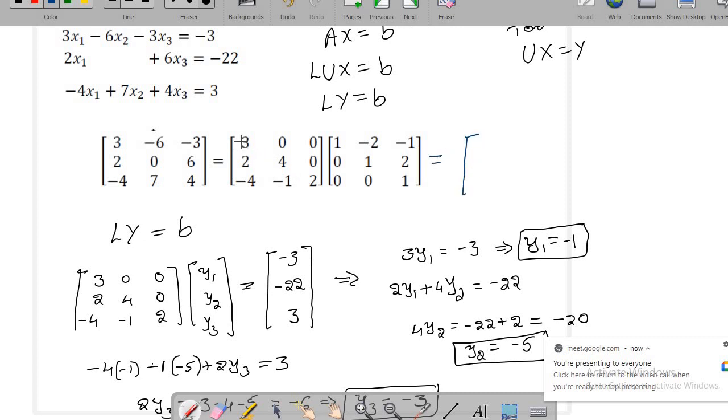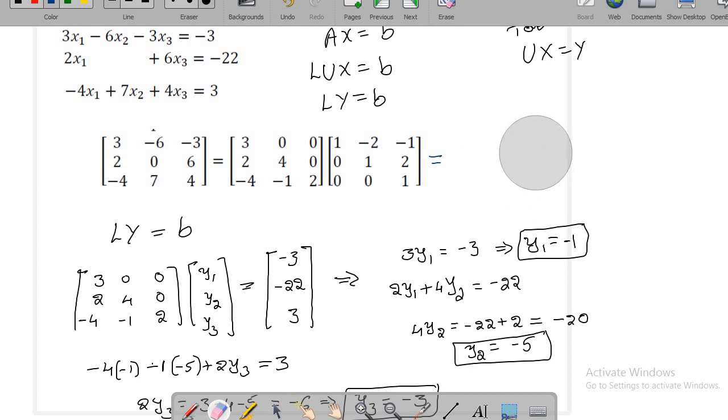Instead of having 3's here, I'd like to have 1 here. It's like 1, 0, 0 and 2, 1, 0, negative 4. I should be careful. Why change all? It is enough to give different L and different U, right?